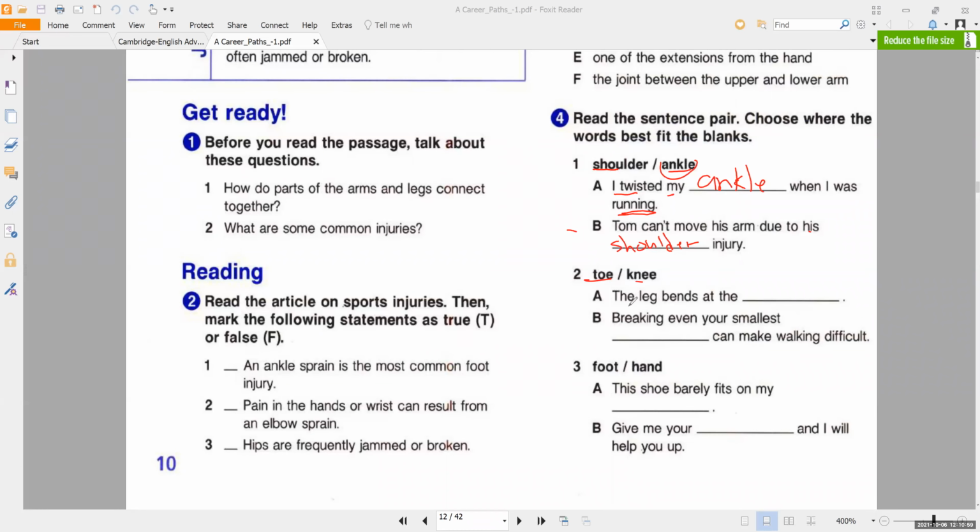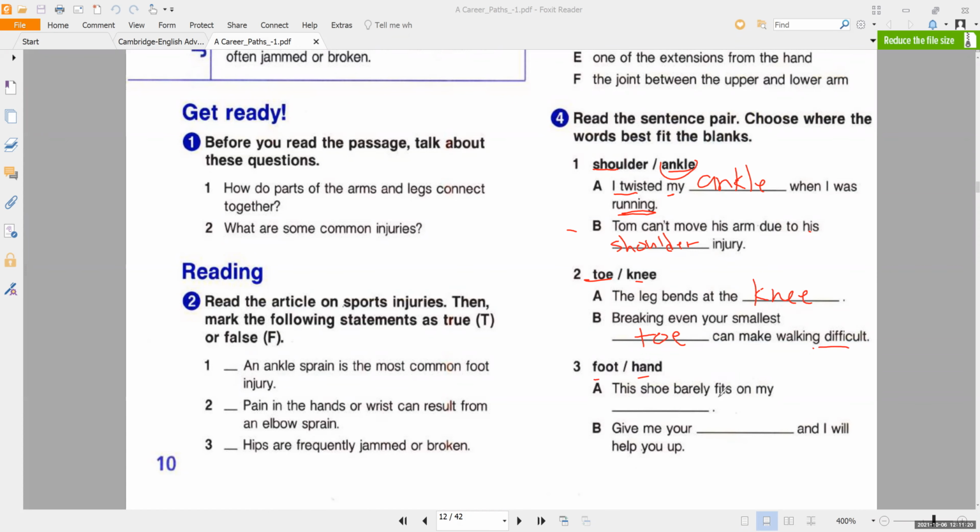Toe and knee. The leg bends at the knee. Breaking even your smallest toe can make walking difficult. Foot and hand, number 3.